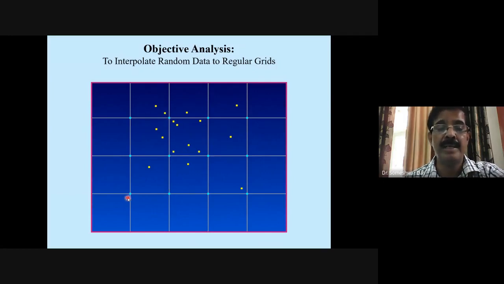At some other grid point, we may not have any nearby observation. There will be very far away observations. So accordingly, we have to give the weightage. The observation points which are closest to the grid point, we have to give the highest weightage. And similarly, the observation points which are farther away from the grid point of interest, we have to give the less weightage.